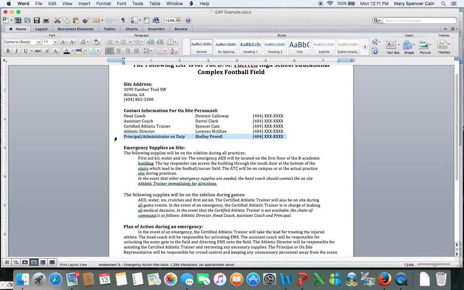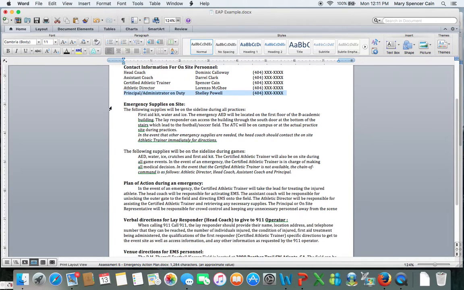Okay, if I have an athlete going into cardiac arrest, I'm sure he and his family do not want that posted on Instagram or Facebook or whatever before a final decision has been made on that athlete. Okay, so always make sure you include an administrator on duty just to help with crowd control in these situations.